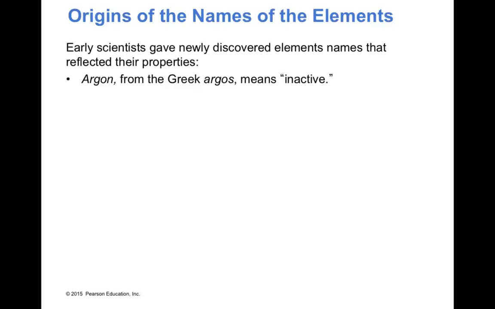Early scientists gave newly discovered elements names that reflect their properties. Argon, from the Greek argus, means inactive. So basically they found that this element was inactive, and because it was inactive, they called it argus, and eventually it became argon.